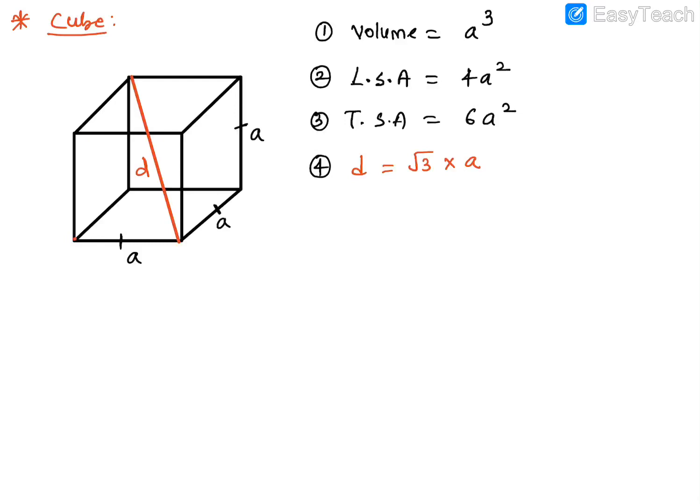Next, what is the value of root 3? Root 3 is equal to 1.732, which is what we are going to use. You will not round it off to 1.73, unless they ask you to take root 3 as 1.73, then only you will take it as 1.73. Okay, fine. So these are the formulas that you need to know for the first part of the chapter.